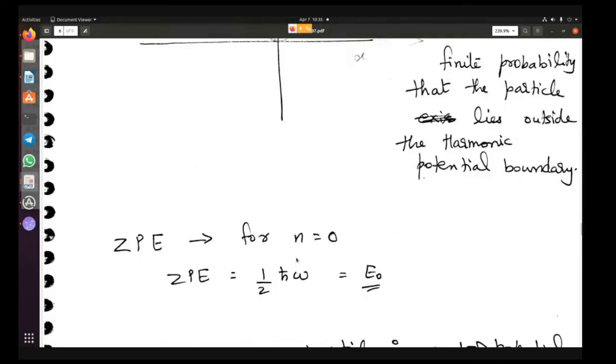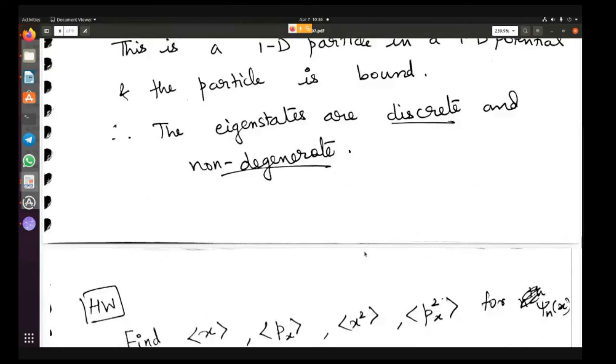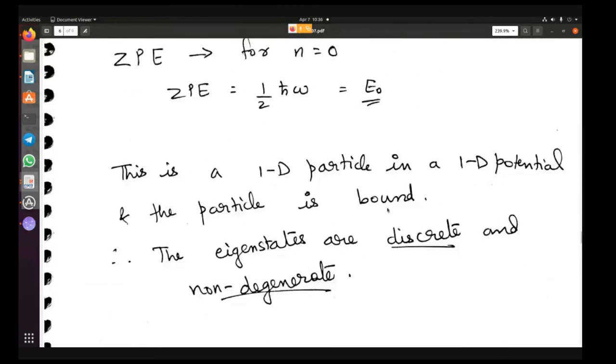All right. And this I've already explained. Zero point energy is for n equal to 0, and it turns out to be half into h cross omega. And this is your lowest energy level. Okay. So as I've already mentioned, this is a one-dimensional particle in a one-dimensional potential, and the particle is bound, right?